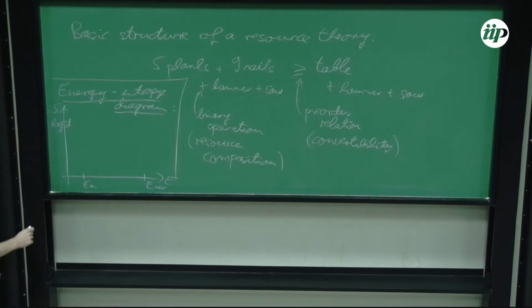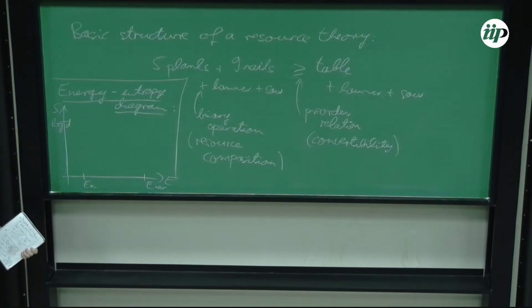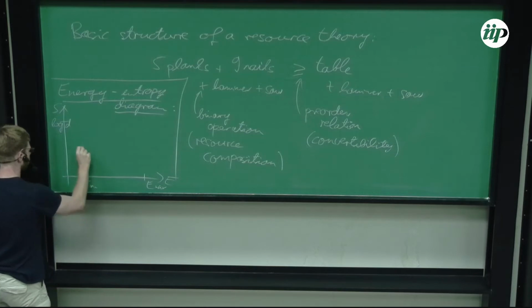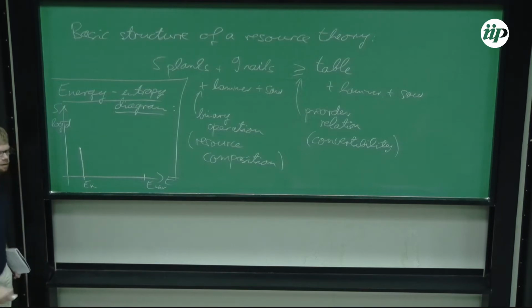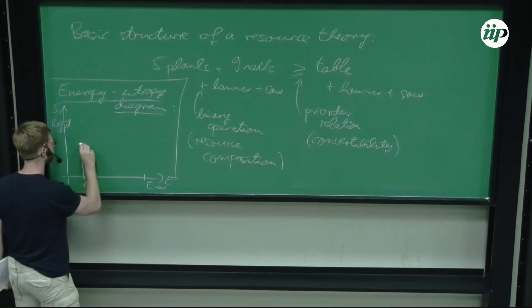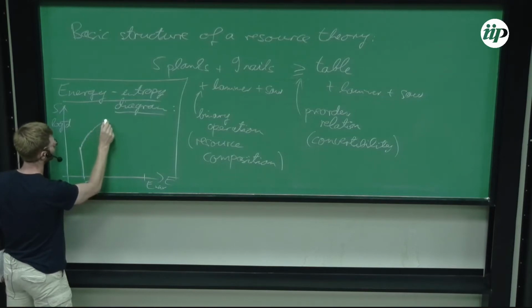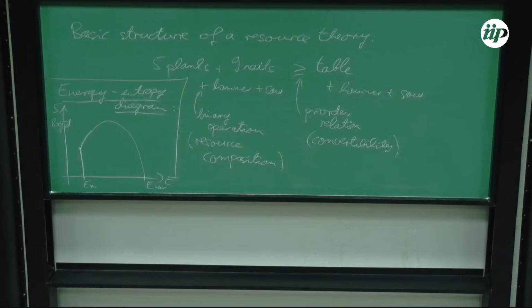And now, for low energy, typically the entropy is also small. Maybe there's some ground state degeneracy, in which case we can achieve a bunch of different entropy values at the ground state energy. And then, as we go higher in energy, we can achieve higher entropy. And then at some point it goes down again because our Hilbert space is finite dimensional.